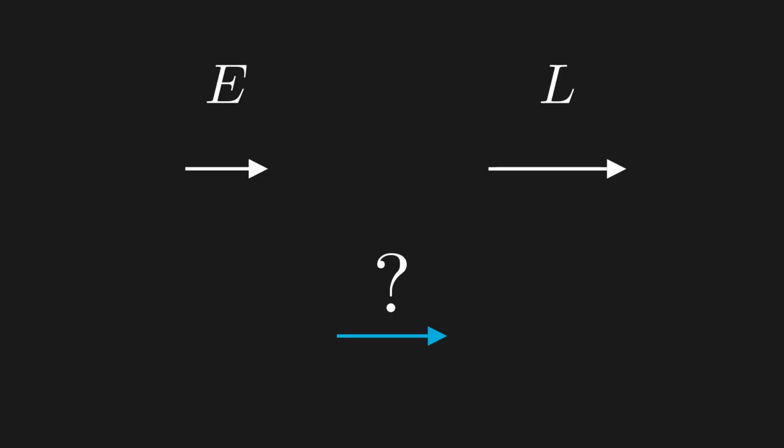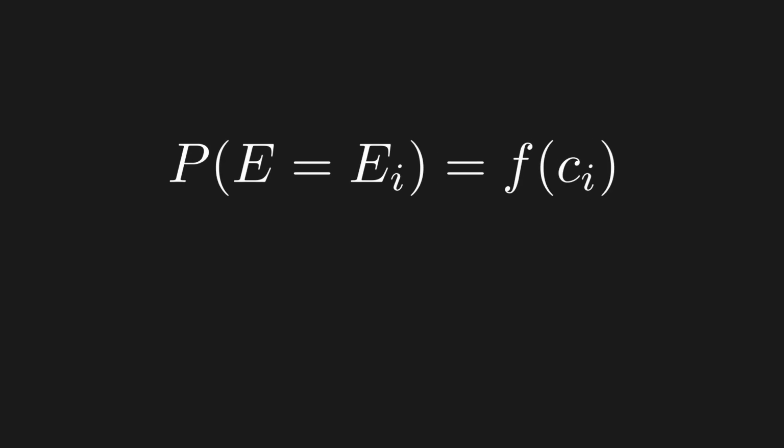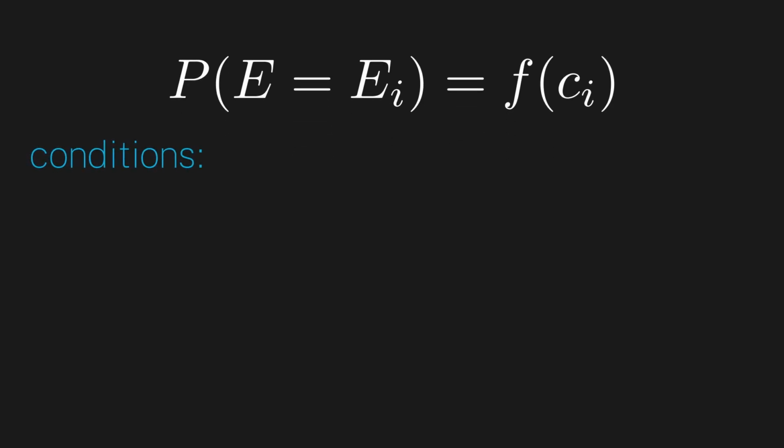If we assume a particle is represented by a single quantum state, then we have an issue. So how do we solve this dilemma? Well, the first thing we should do is question our probability function assumption. So let's instead work with some unknown probability function f. We want this probability function to satisfy two conditions.